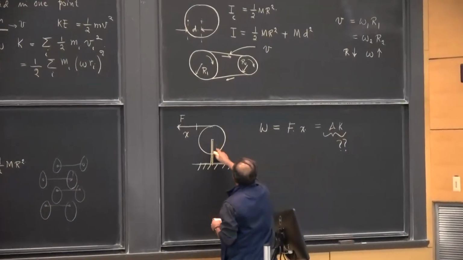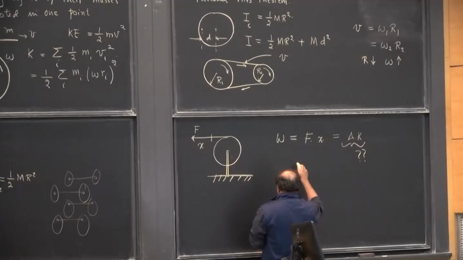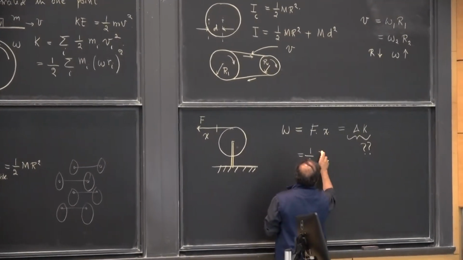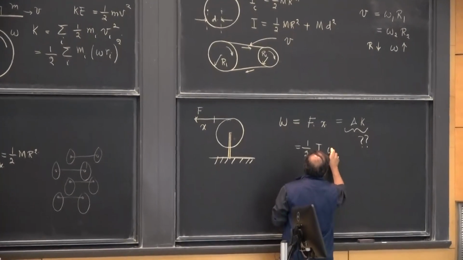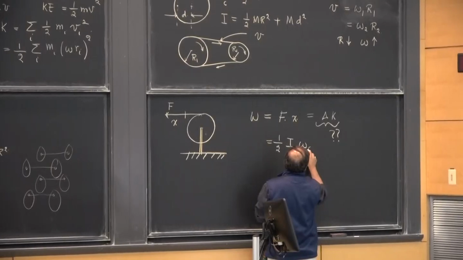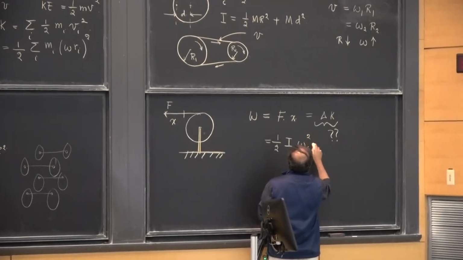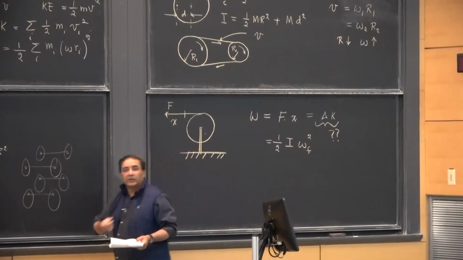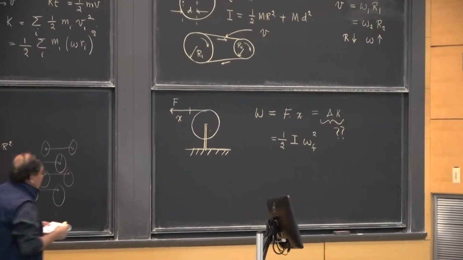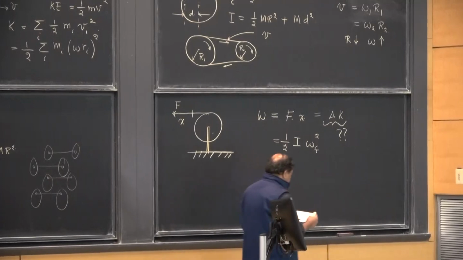So if this was originally at rest, the kinetic energy would essentially be 1/2 times I times the highest angular frequency that it'll achieve, omega f squared. Because the work's been done, I've pulled it, and it's going to spin faster and faster. And therefore it's going to be 1/2 I omega final squared.